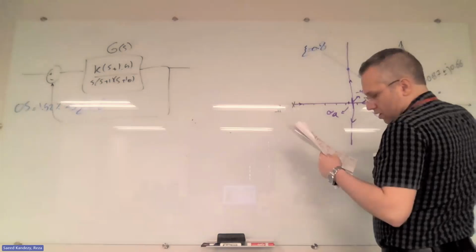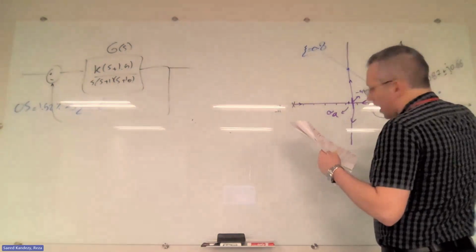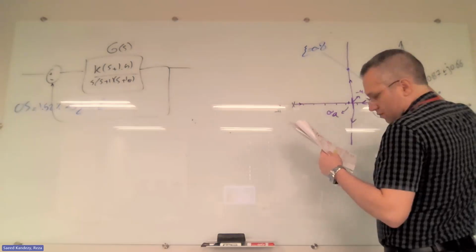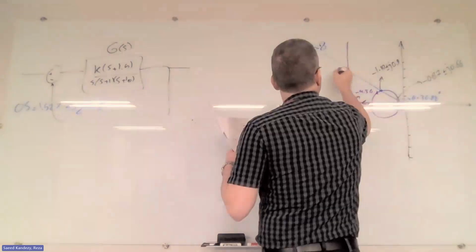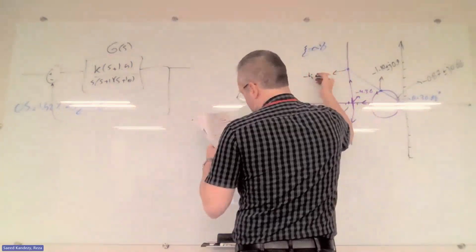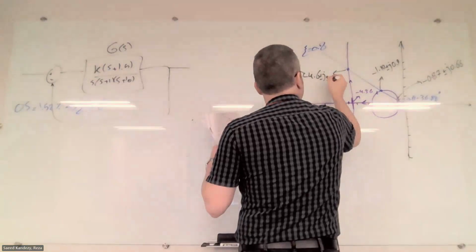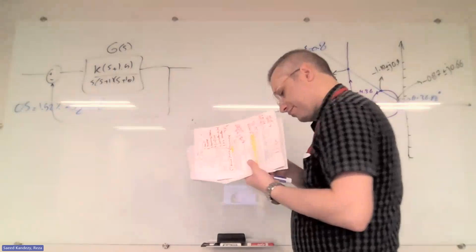This one is going to be minus 1.90 plus minus j 0.9. And this one is going to be minus 4.6 plus minus j 3.45.